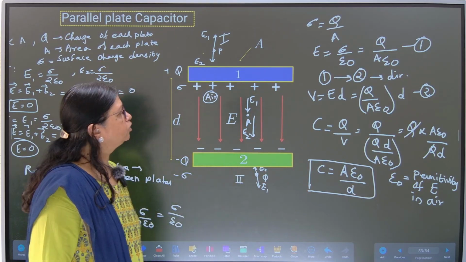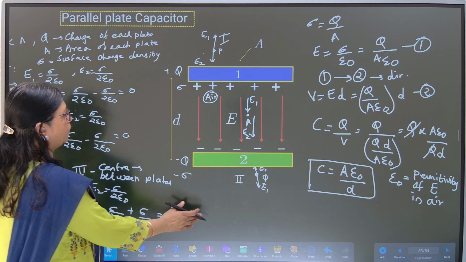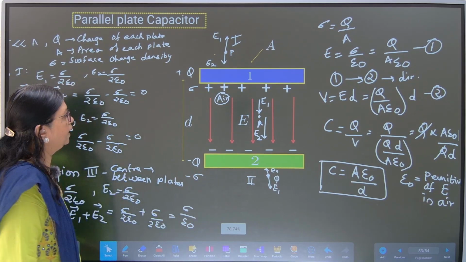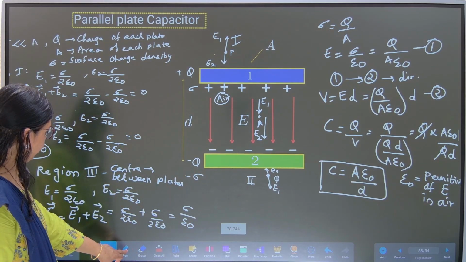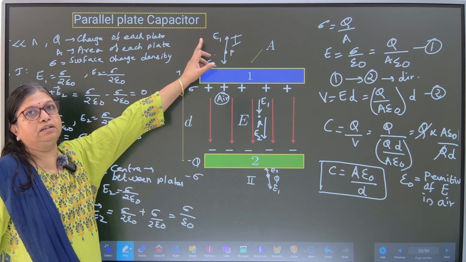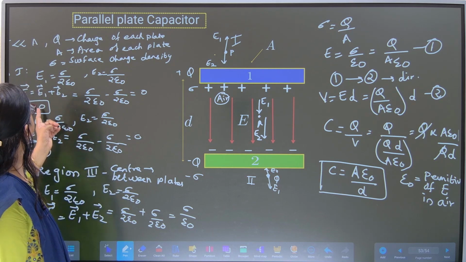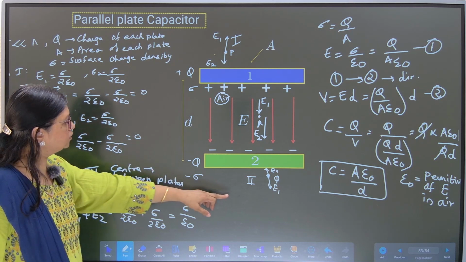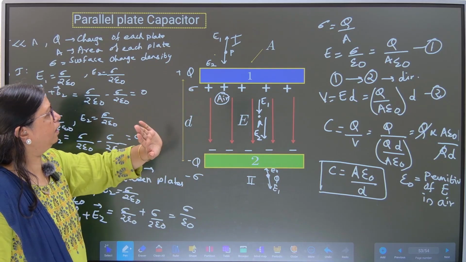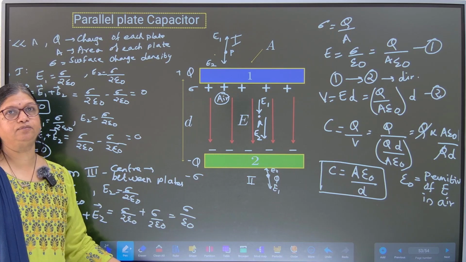Going through a quick revision of what we have done to derive this formula: we considered a point in region 1 for the electric field and got E is equal to 0. In region 2 also E is equal to 0. But between the plates in region 3 the electric field is sigma upon epsilon naught.